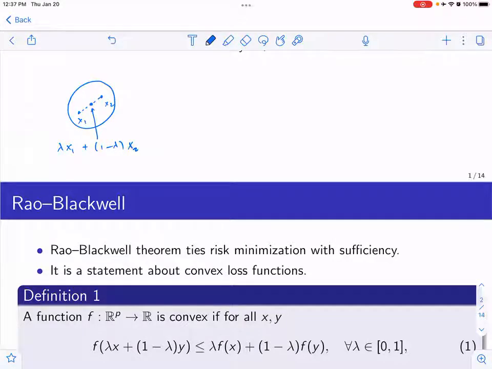As you vary lambda from 0 to 1, you would trace this line. And so every point like that would be in the set. So geometrically any 2 points that you pick in the set, the line segment connecting those 2 points will be in the set as well.